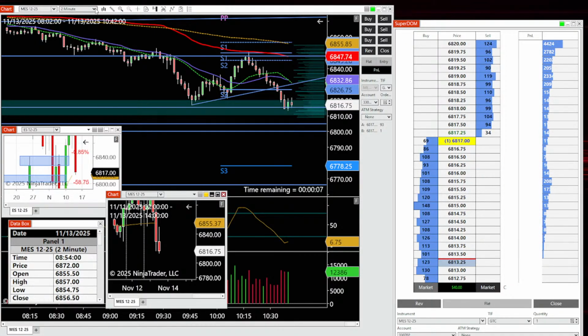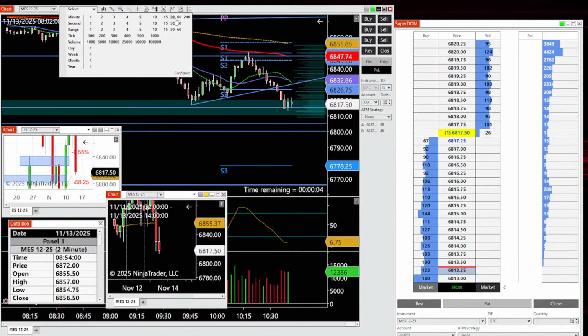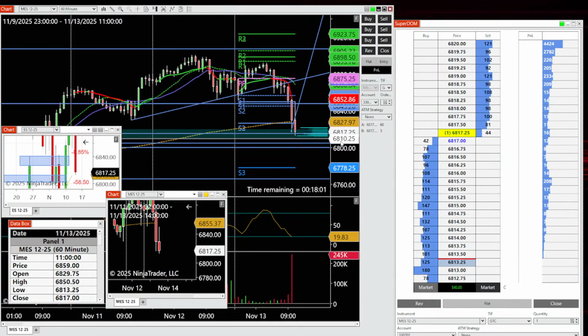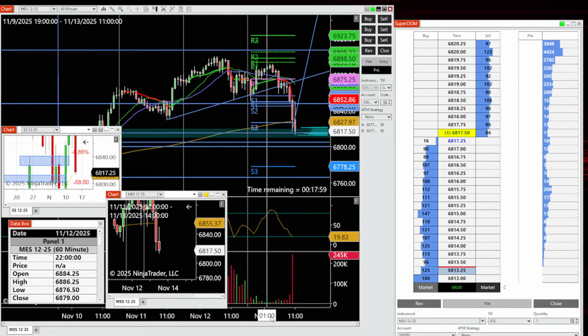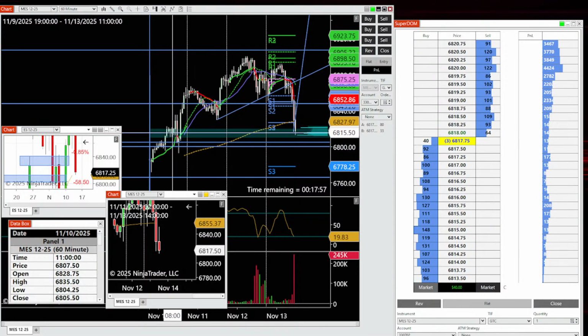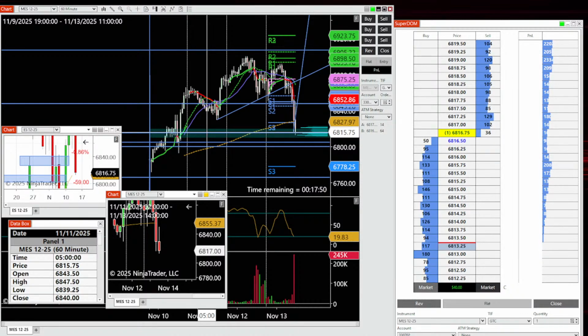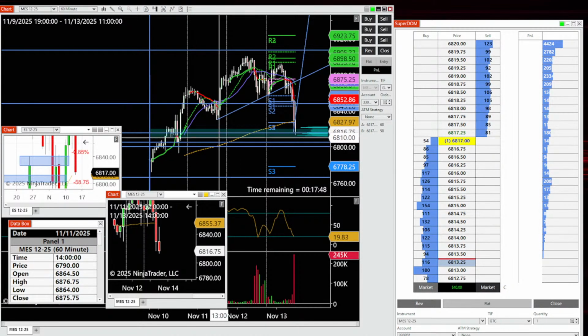I might miss the trade trying to change the charts, because that's what happens when I try to see where that line was coming from. Okay, that's this level here, 15. We have some support resistance in this area.